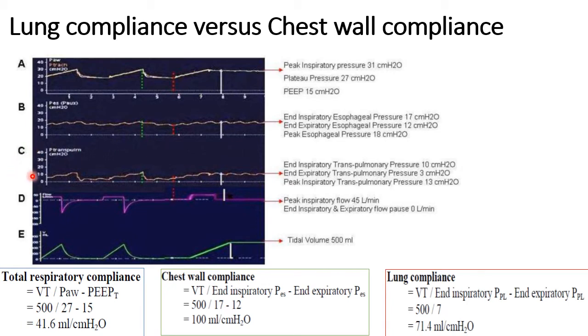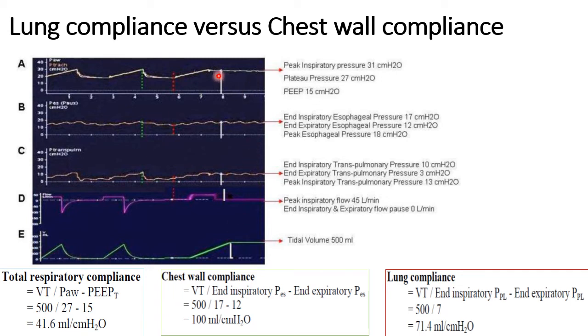And number C, we were able to calculate the transpulmonary pressure we talked about earlier, which is simply the airway pressure minus the esophageal pressure. Number D is the flow, as we talked about, again, inspiratory, expiratory flow, and number E is the tidal volume.